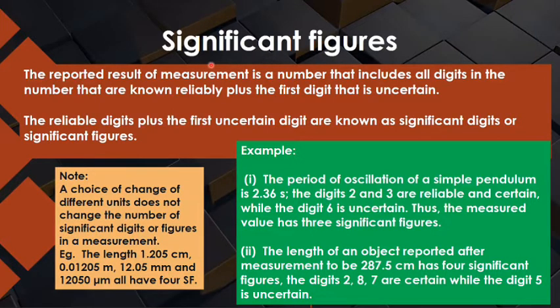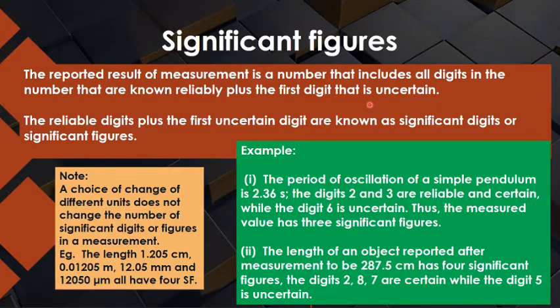So significant figures: whenever I take any measurement, like measuring the length, the height, or the temperature, whatever measurement I'm doing, let me give you an example. You are measuring the length with a normal scale, like 2.3 centimeter.